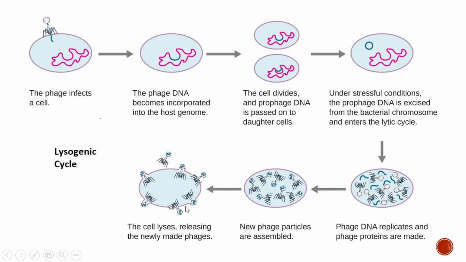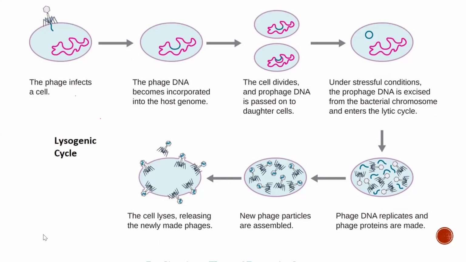So under normal circumstances, the lysogenic cycle doesn't cause any harm, but under stressful conditions, those that replicate with the bacteria will shift themselves from the bacterial chromosome and start replicating on their own. The lytic cycle that we've explained, right? So that's how the lysogenic process takes place.